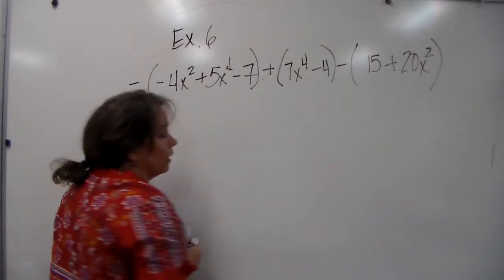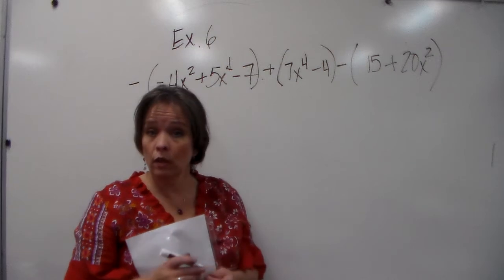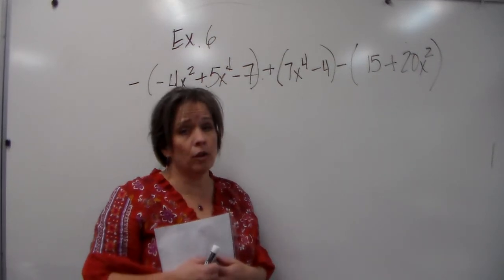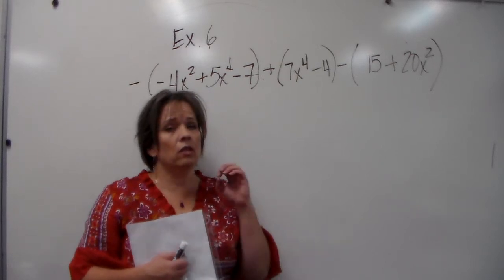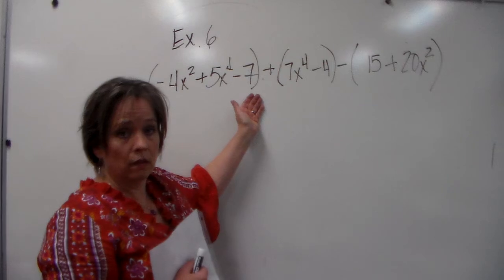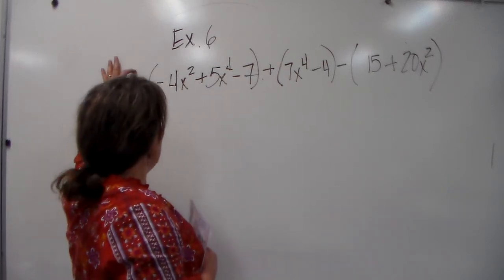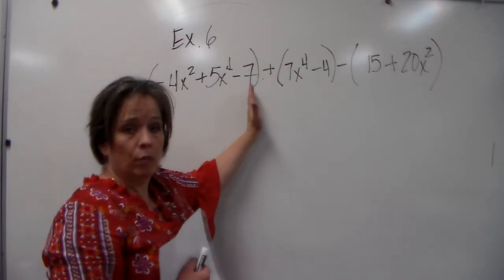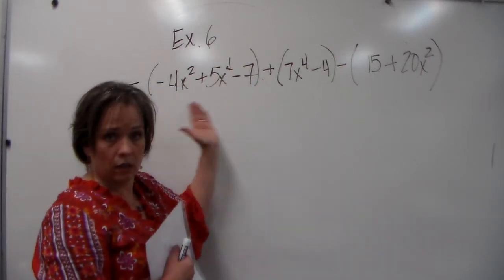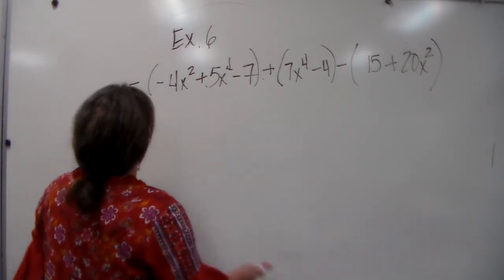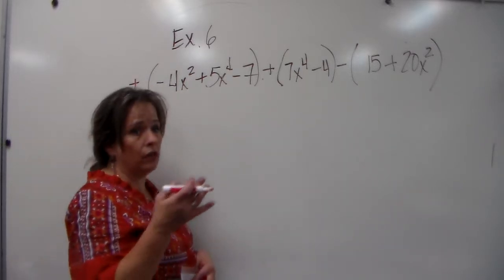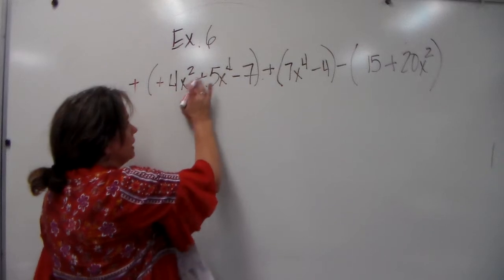So we now have two negatives that we need to distribute. And remember, when we distribute the negative, it's only being distributed to the parenthesis it's in front of. So this negative will only pertain to this polynomial here for that first set. Okay? So we'll change that subtract to an add, and we'll change all the signs of every term inside.